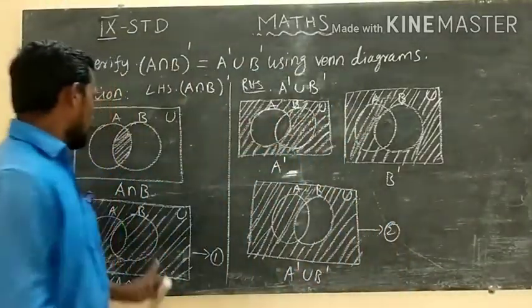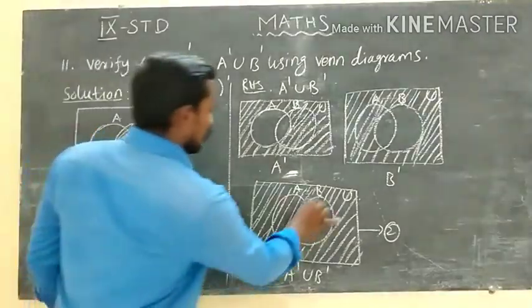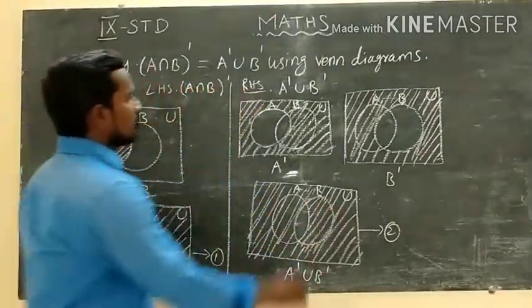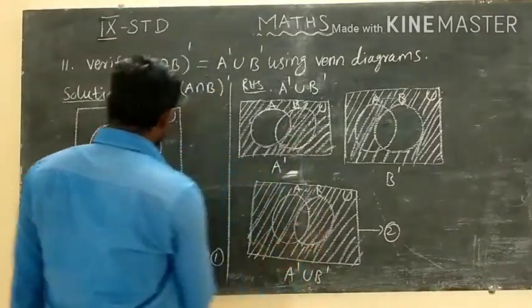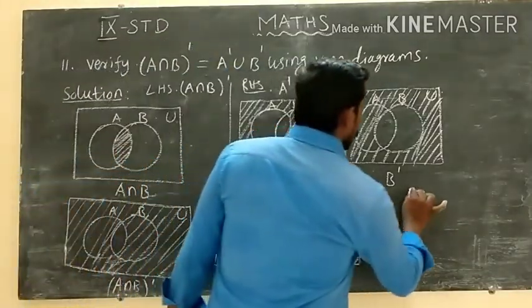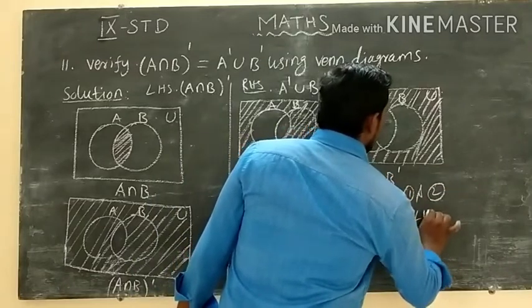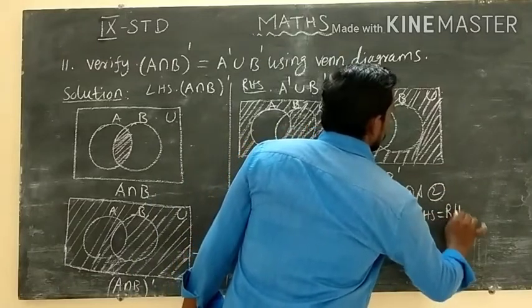This is number 2. Compare 1 and 2. Okay, sorry, this is fully 1. So compare 1 and 2. We get LHS equal to RHS.